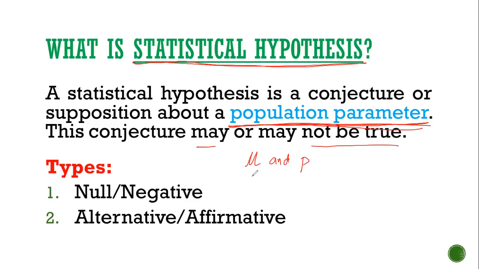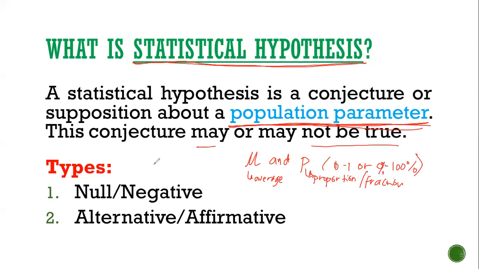Again, what's the difference between the two? Ito, mean is your average. Population mean. This one is your proportion or your fraction. Ayan ha. So therefore, ito, either 0 to 1 or 0% to 100%. Yan yung kaibahan ng dalawa ha.